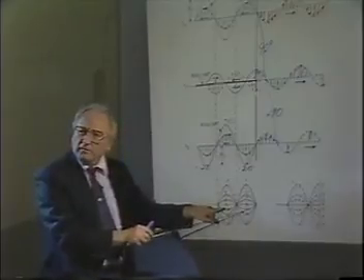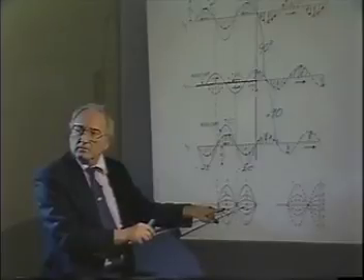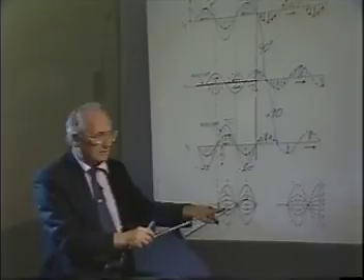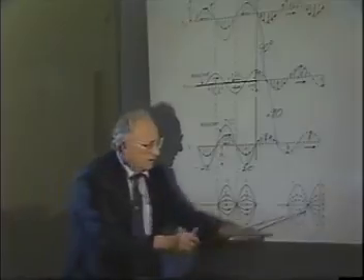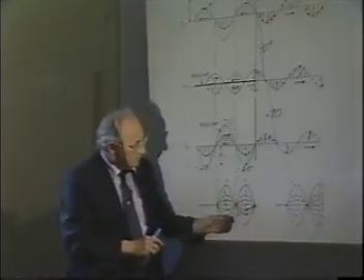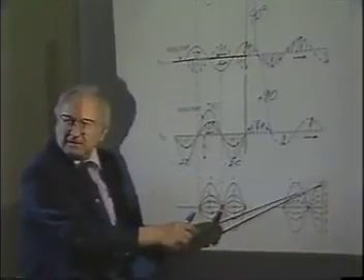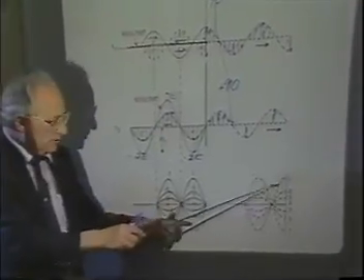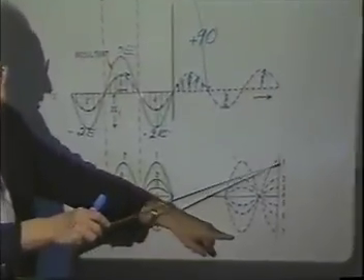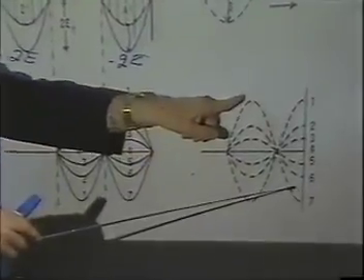This is the voltage wave. What's the current wave doing? Over here, current. Notice, when the voltage is 0 here, the current's maximum, isn't it? So you can see that this waveform here is going to be oscillating back and forth.